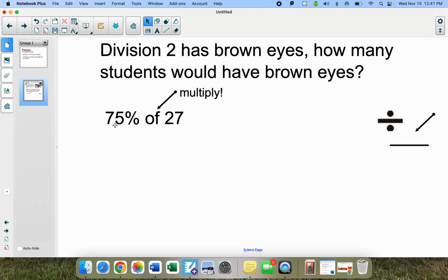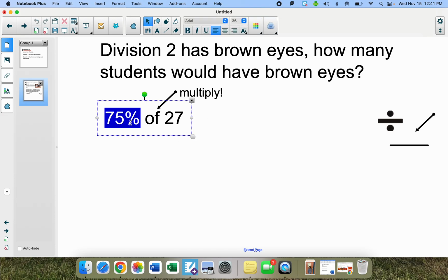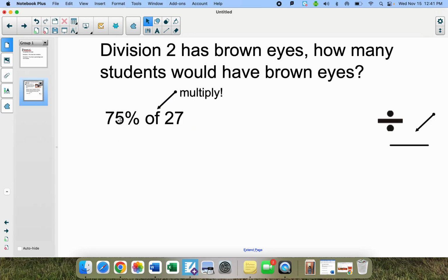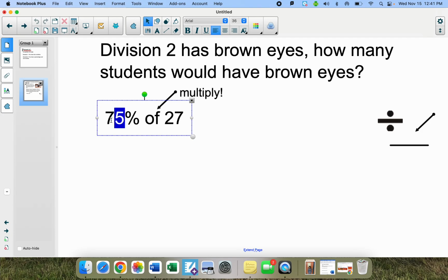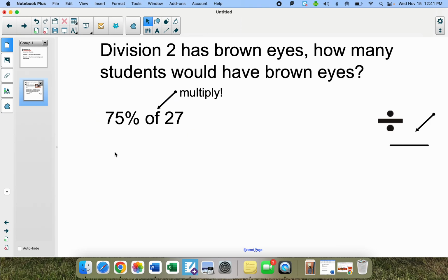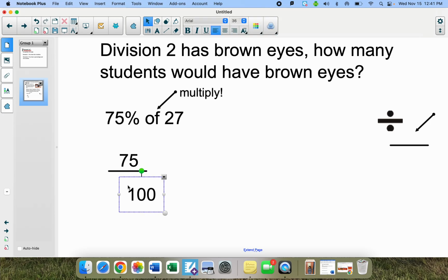Here we go. We know that the word percent means per 100. So if you have a question that gives you a percentage, so I've given you 75%, you need to change it back to a decimal. Your calculator hates percentages. So 75%, it literally means 75 out of 100.